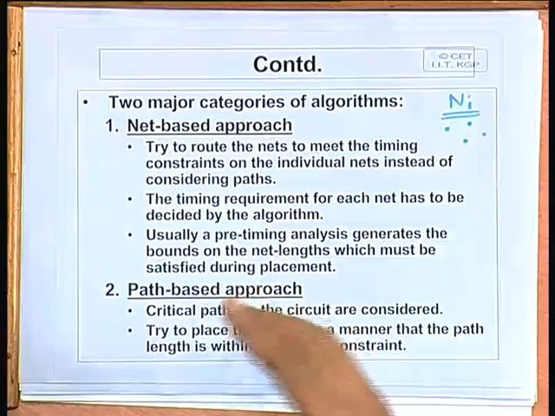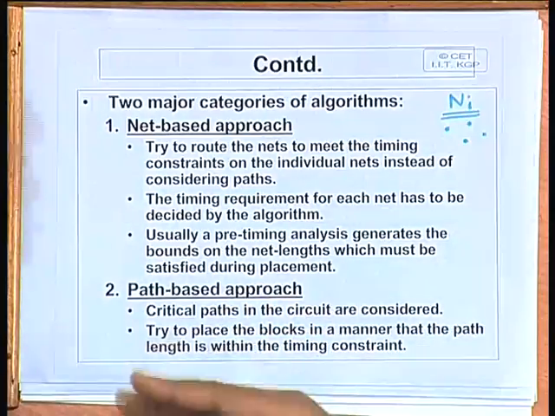That means, in order to meet this performance requirement, I have to limit the total delay of this net to this much, or the range of delays should be between this and this. These kinds of constraints are generated, and then for each of the individual nets the tool will try to meet the timing constraint, meaning stay within those ranges.